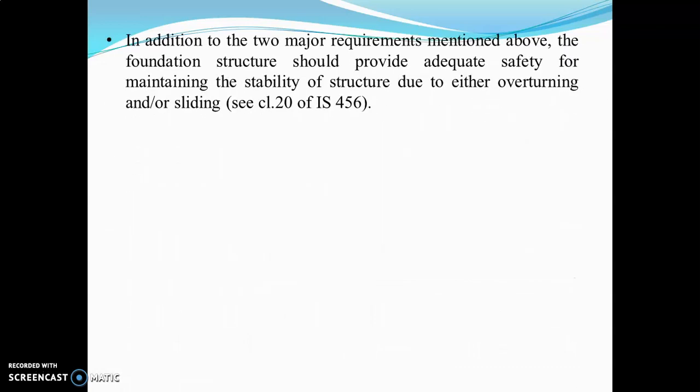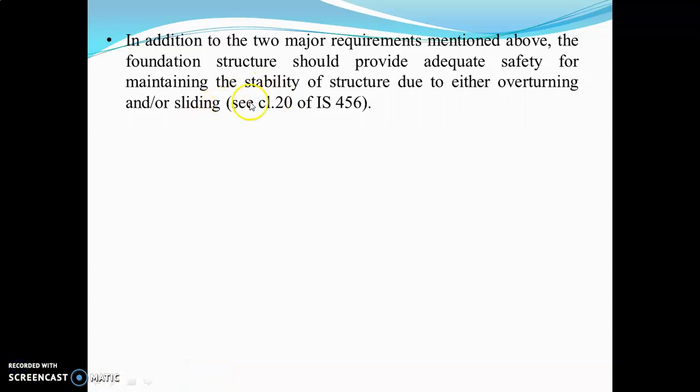In addition to the two major requirements mentioned above, the foundation structure should provide adequate safety for maintaining the stability of the structure against either overturning or sliding.